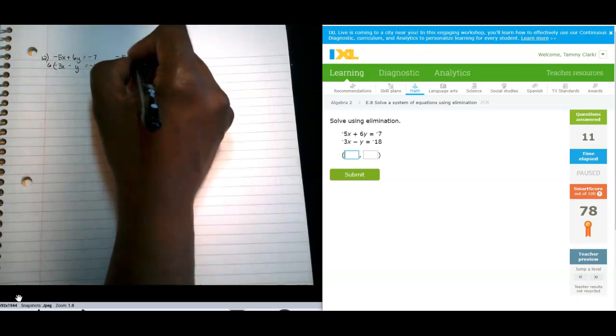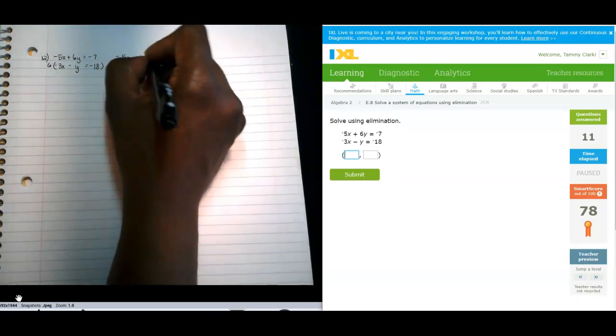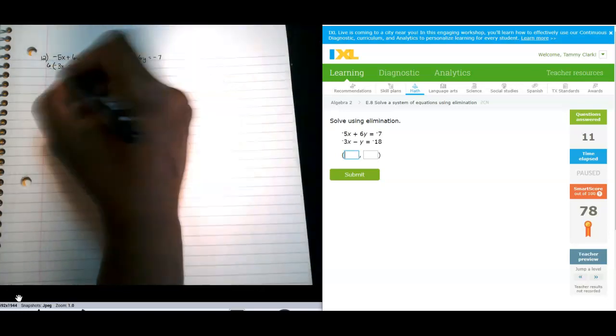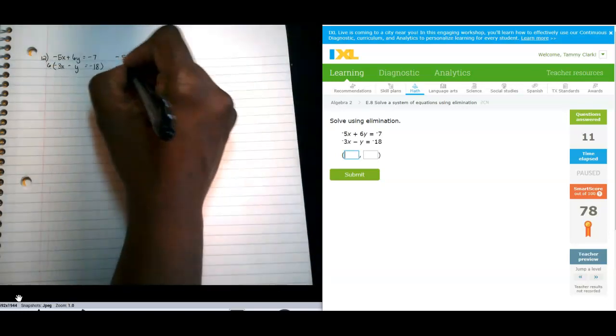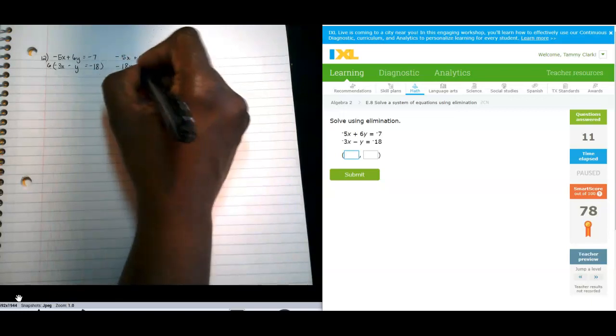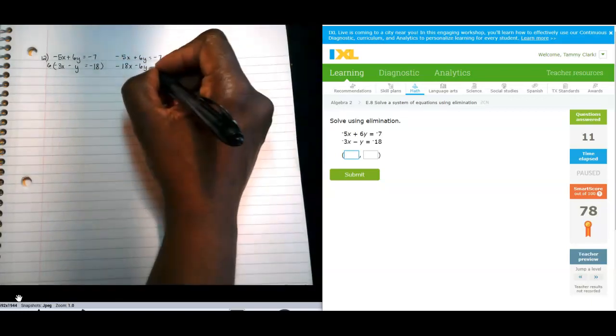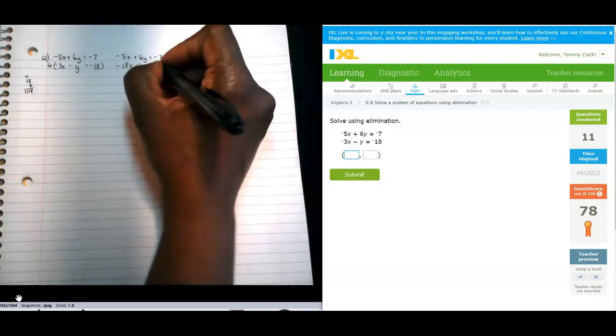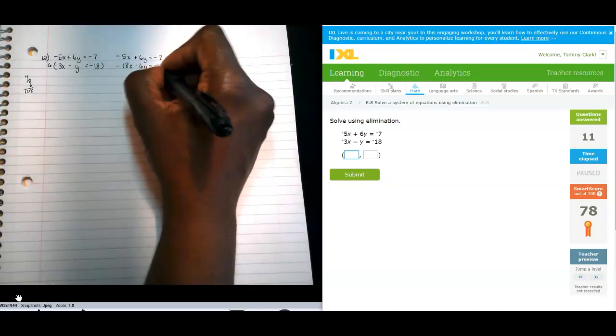So I've got negative 5x plus 6y is equal to negative 7. Then I multiply 6 times every term inside the parentheses. That gives me negative 18x minus 6y. And then, let's see, 18 multiplied by 6 is 108. So that would be equal to negative 108.